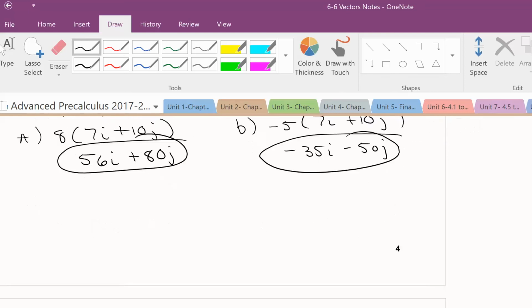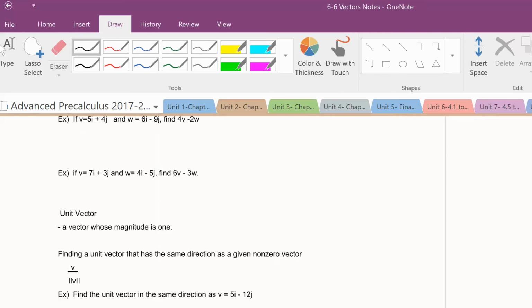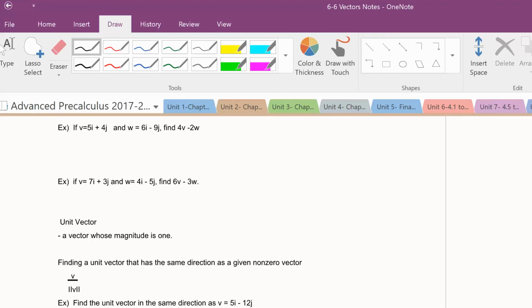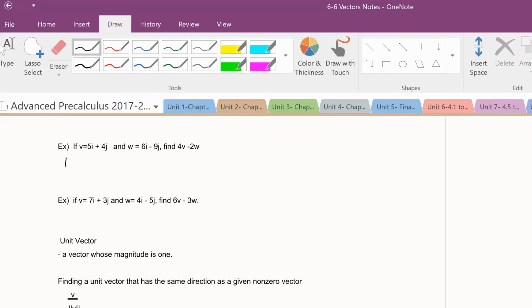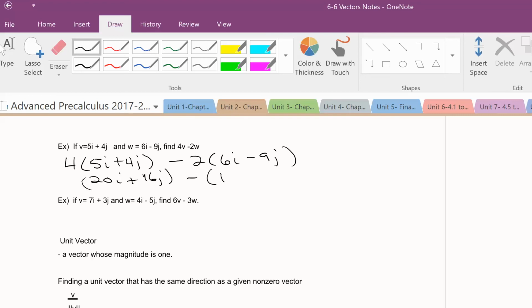All right, moving right along. Here's some operations again. So when we have 4 times v, so I have to multiply 4 times v, minus 2 times w. So I distribute the 4, so I get 20i plus 16j minus 12i minus 18j.